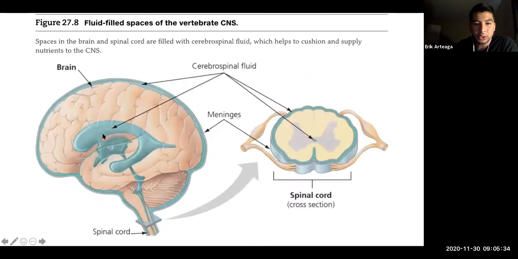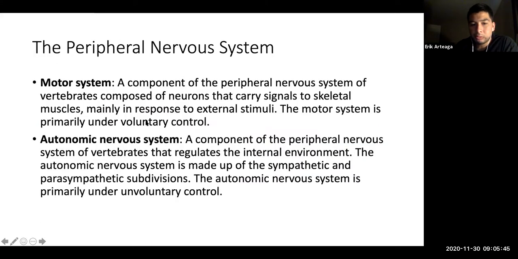So know those definitions. Be able to identify the brain, the meninges, the brain stem as well. Know the difference between the autonomic and the parasympathetic nervous system. The autonomic is involuntary control, regulating the internal environment, breathing, digestion, right?